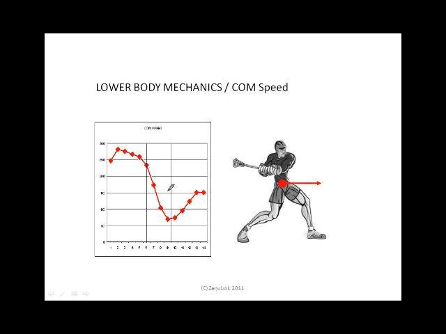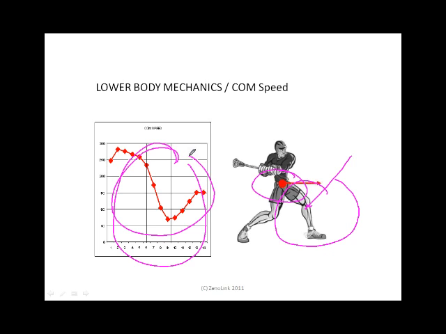However, their control of the center of mass and their ability to produce this rapid deceleration, which facilitates the acceleration, is very much dependent on lead leg stabilization. If you can't stabilize the lead leg, you're not going to be able to control your center of mass.